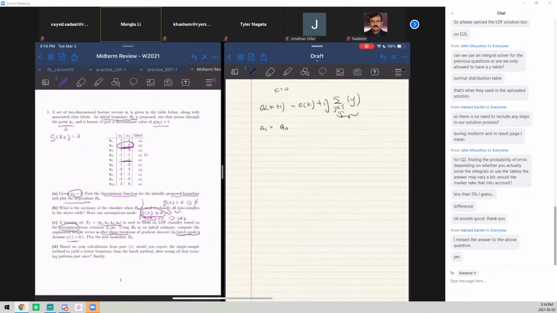AK means A0, and the learning rate is 0.1, given by the question. And we need to sum up all misclassified points, that's X1 and X3. So we just calculate it. A1 starts from the initial weight.